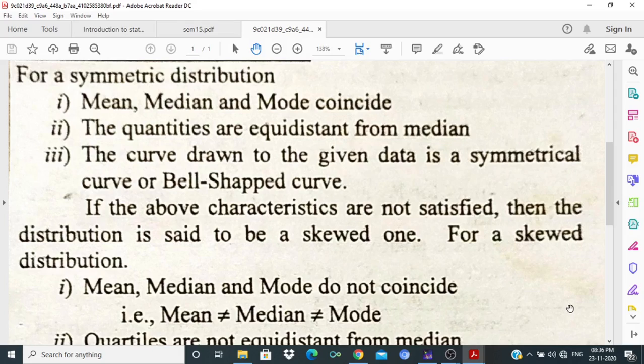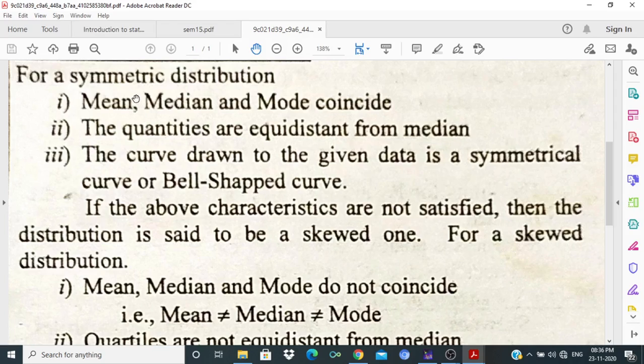For a symmetric distribution, mean, median, mode coincide. That means mean is equal to median is equal to mode. Quartiles are equidistant from median. That is, Q3 minus Q2 is equal to Q2 minus Q1. The curve drawn to the given data is a symmetrical curve or bell-shaped curve.